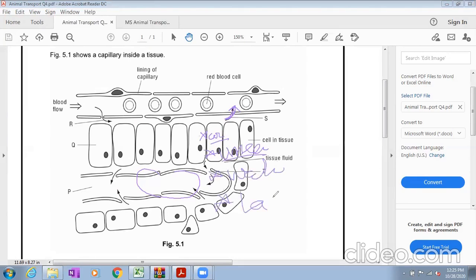Lactic acid, produced as a result of anaerobic respiration, will enter your blood to reach the liver for further processing. All right, I hope this is clear.